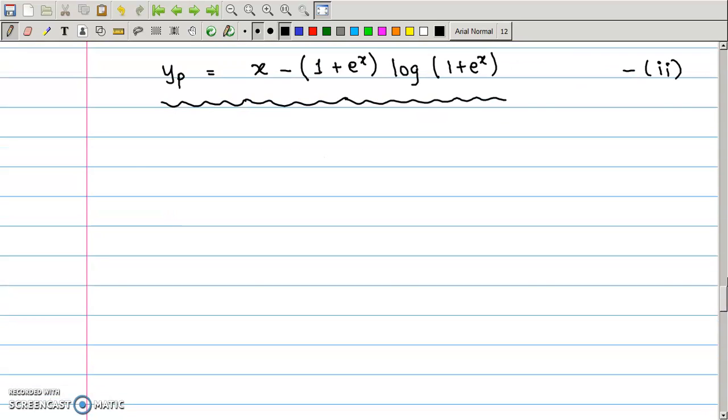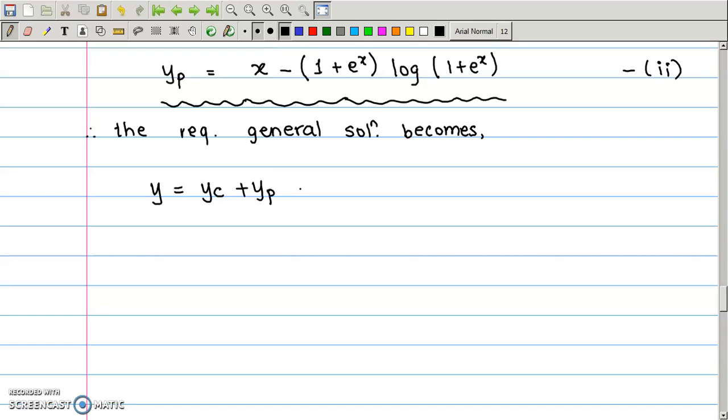Therefore, from 1 and 2, the required general solution becomes, y is equal to yc plus yp, that is complementary function plus particular integral.